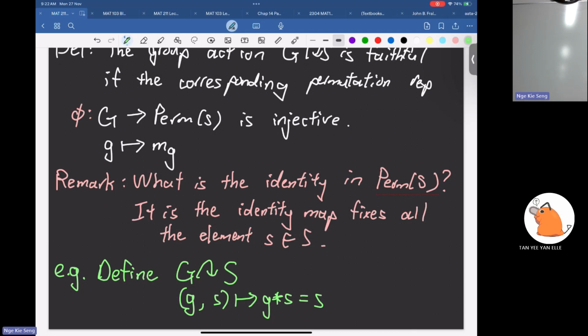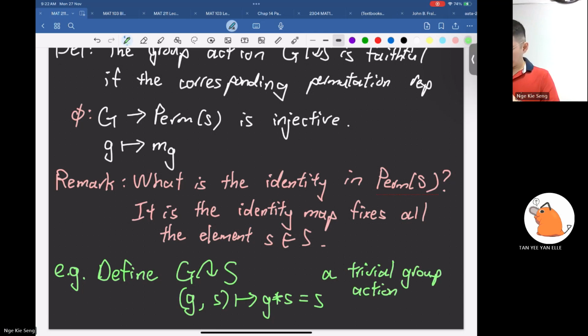This is what we call a trivial group action. Everything acts like an identity. If I have a rotation on my object, I say this rotation doesn't move my object. This reflection doesn't move my object. Identity also doesn't move my object. I can do that because this composition is what I define here. I can change how the group acts on the set.